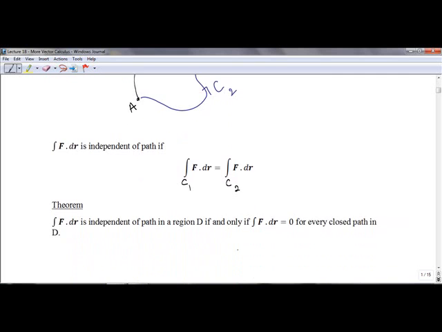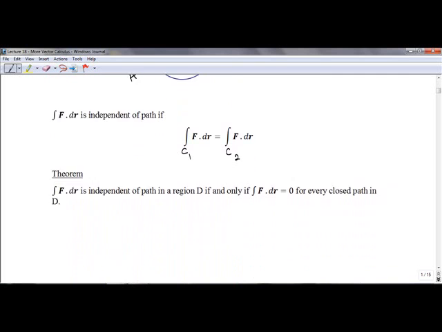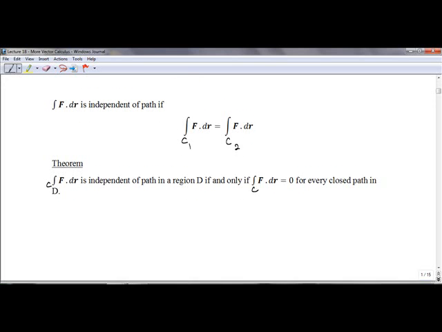Another theorem that's important. The line integral over C is independent of path in a region D if and only if the line integral over C is equal to 0 for every closed path in D. Let me explain what I mean by that.